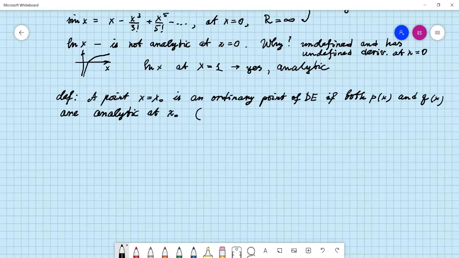And when I'm talking about p of x and q of x, I'm referring to a differential equation which looks like this: second derivative of y plus p of x times y first derivative plus q of x times y equals 0. So if the coefficients of this second order differential equation are analytic, then the point is an ordinary point.